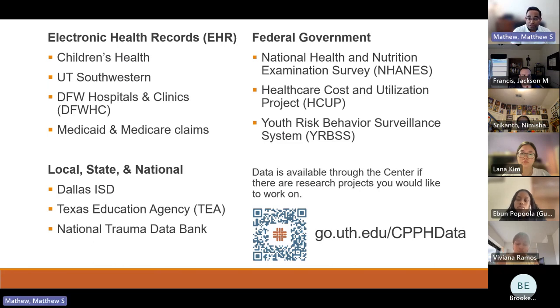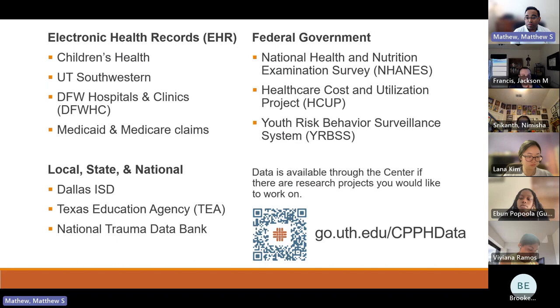We have EHR, electronic health data, from health systems such as Children's Health, which is all pediatrics, UT Southwestern, which is for more adults, and DFW Hospitals and Clinics, which is an umbrella organization that gets data from most healthcare systems in the DFW area.